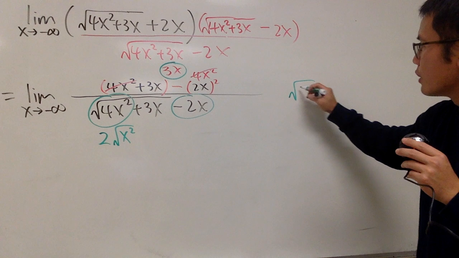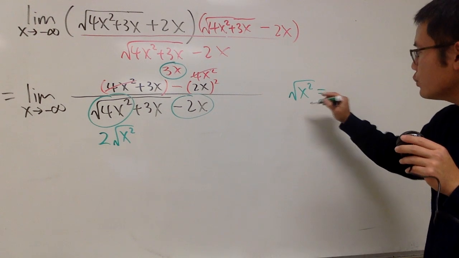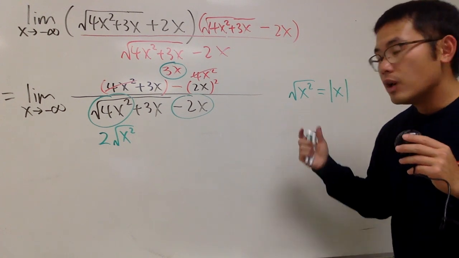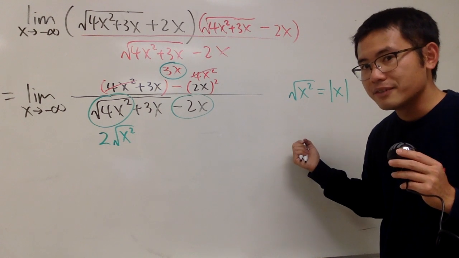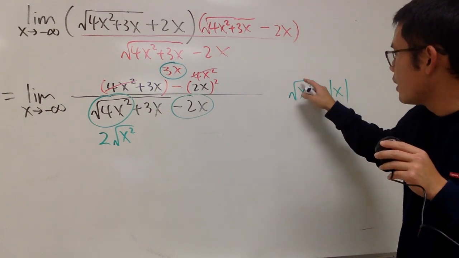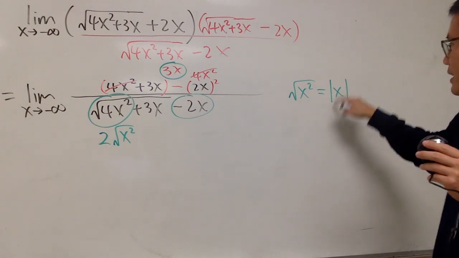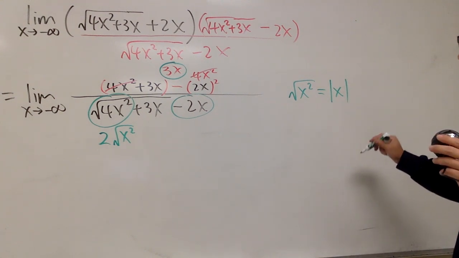Whenever we have square root of x squared like this, in fact, this right here is another way to write the absolute value of x. What does that mean? Well, because the output of the square root function is always positive. So when you cancel the square and also the square root, be sure the output is positive. That's why you have to maintain the absolute value, right?